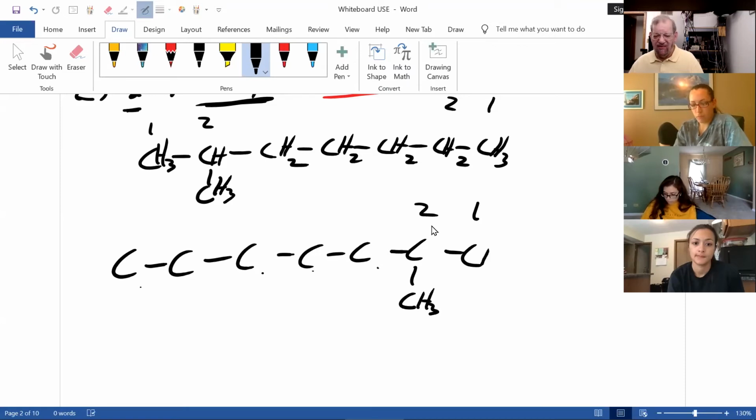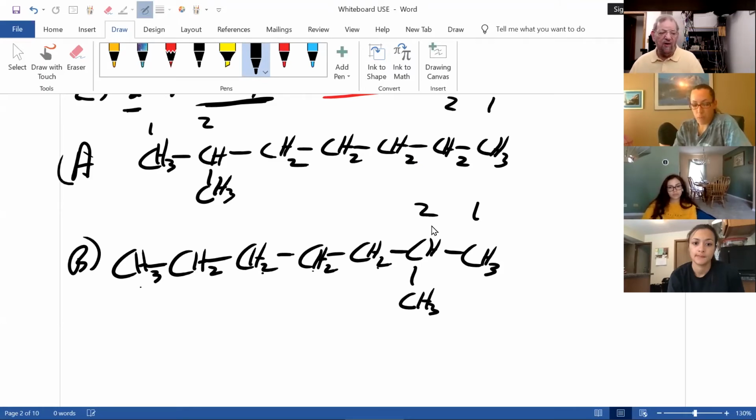And that would be that. Remember, there are 4 bonds to carbon, so I know how many hydrogens. At this point, a student would ask me, which is the right one, A or B? And the answer is they're both correct.